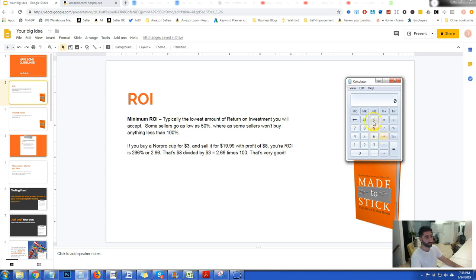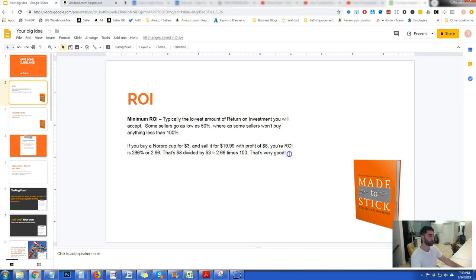Again, anything less than 100 is eating up your margins. So if I buy something at $3, I want to make a profit of $3, or that's one ROI or 100%. Okay, so that's ROI.